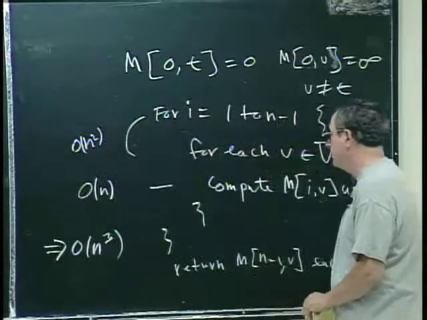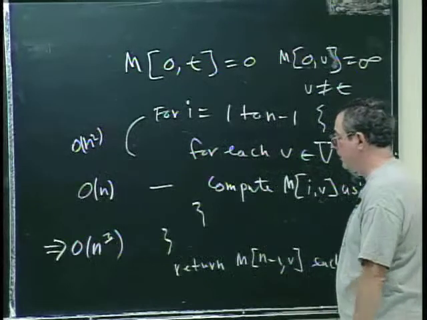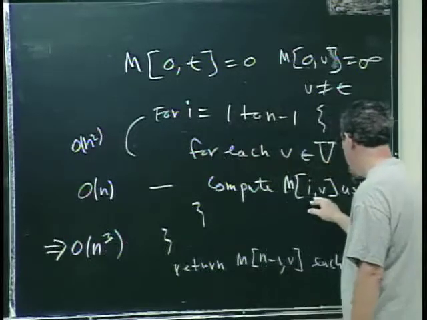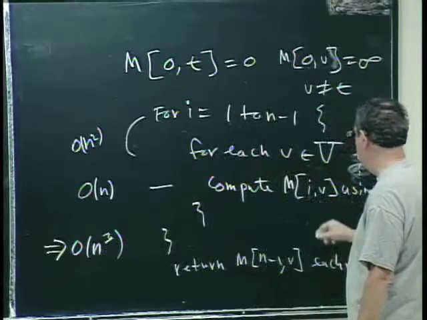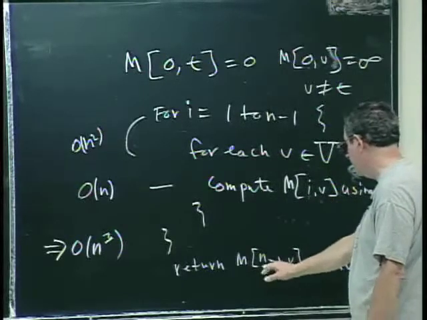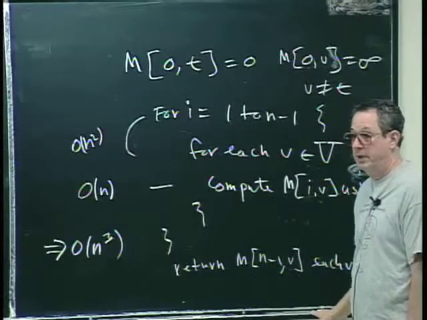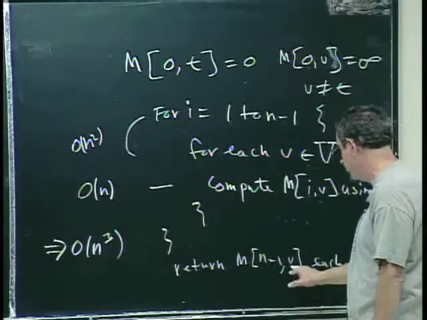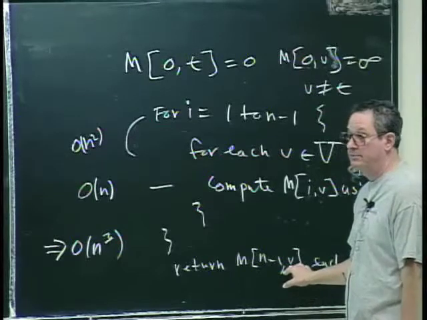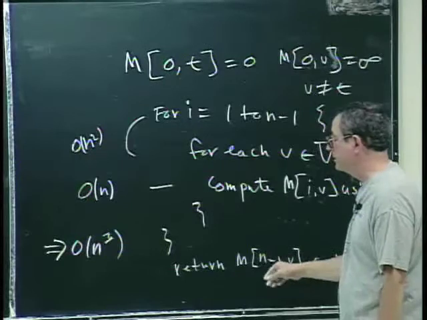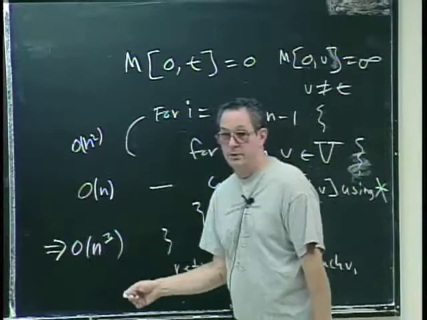So in n cubed time, we're able to compute M[n-1][v] for each v, and that means we know the shortest path distance from each vertex v to the specified t. We know that shortest path distance in this order n cubed time.